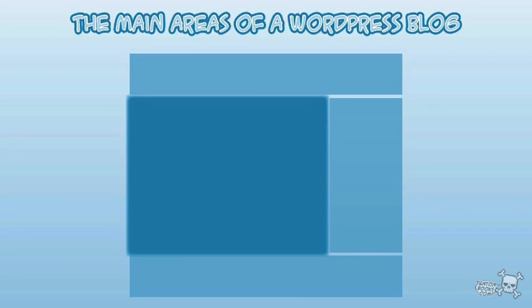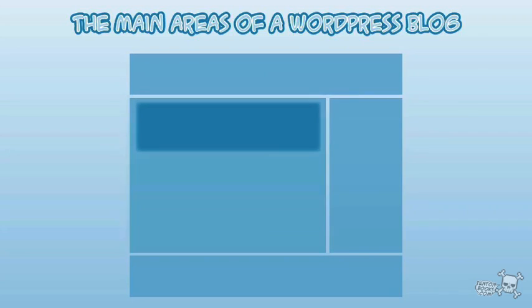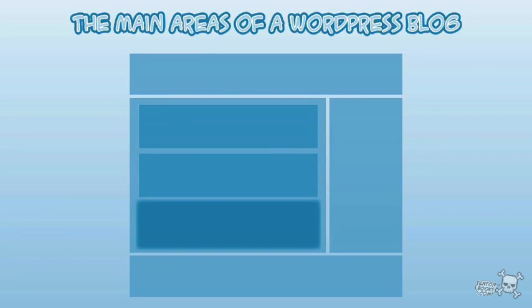And then next up, we have the main content area. I guess you could call it the body area of your blog. This area is going to contain your individual posts. And each post has associated with it a post title, the post body, the post metadata, some other content as well.